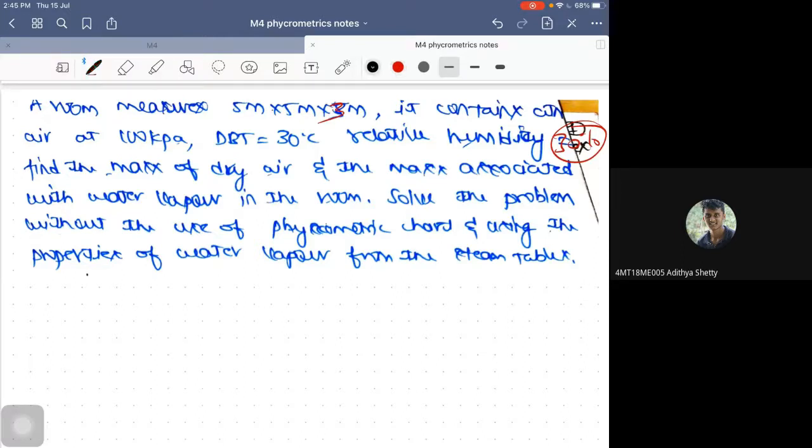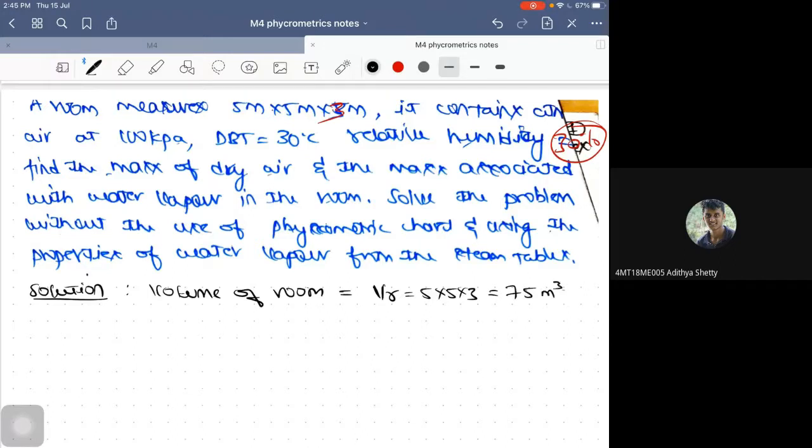Can I calculate the volume of the room? Five fives are 25, 25 threes are 75. So it is 75 meter cube.